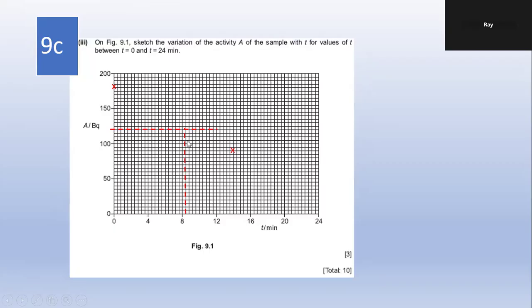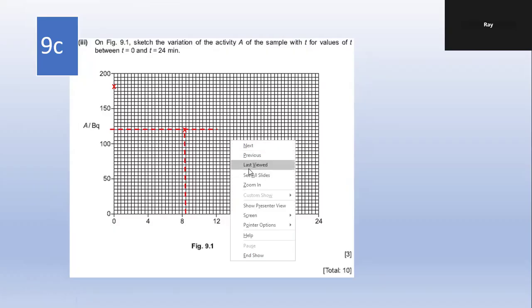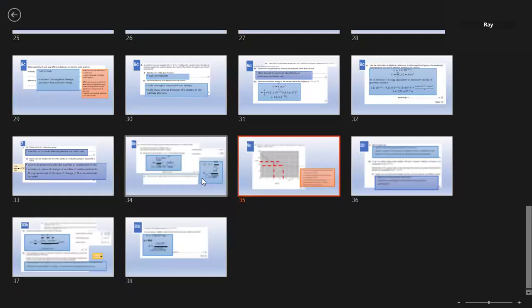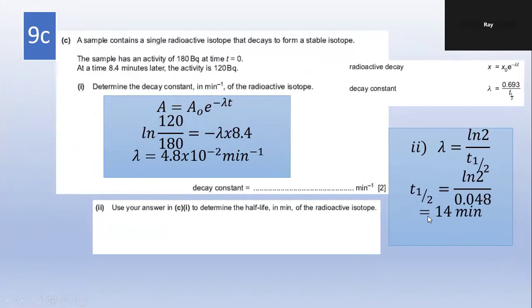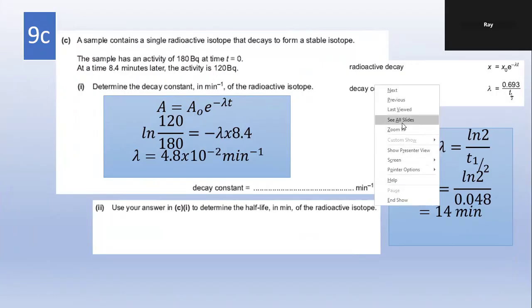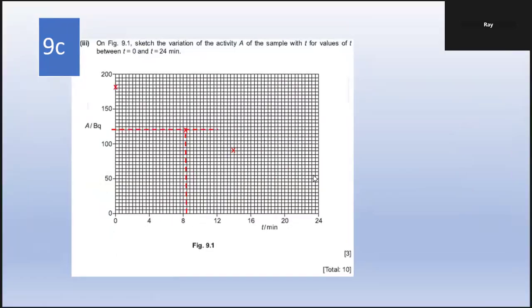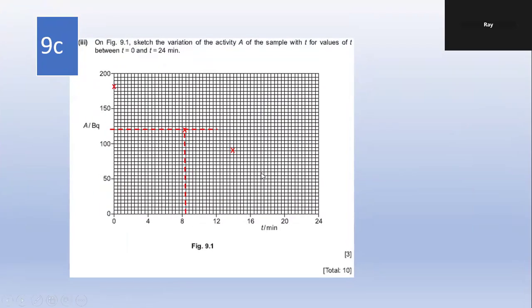There's another point here, and then there's another point there, right? And half-life, like 40 minutes, you calculated there. So 40 minutes, 180 to 90. So your curve should pass through this point. Something like that.